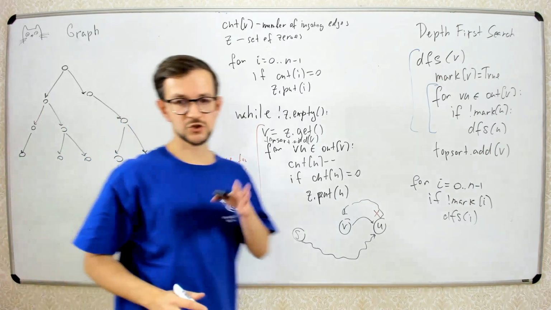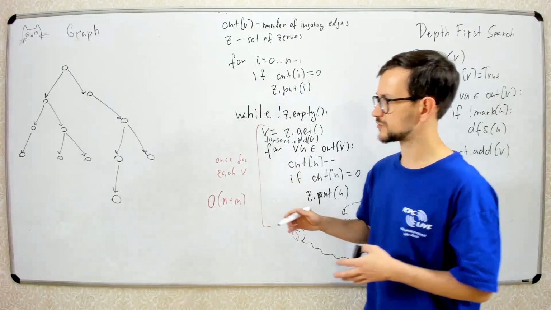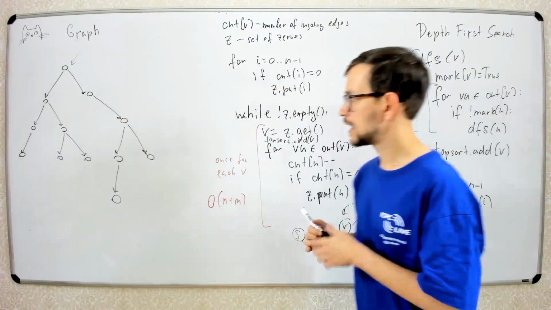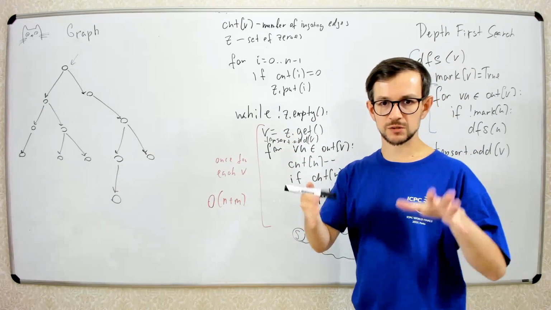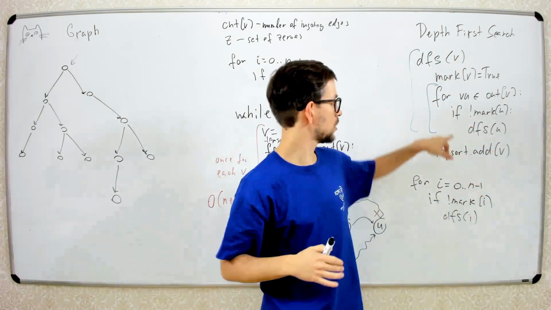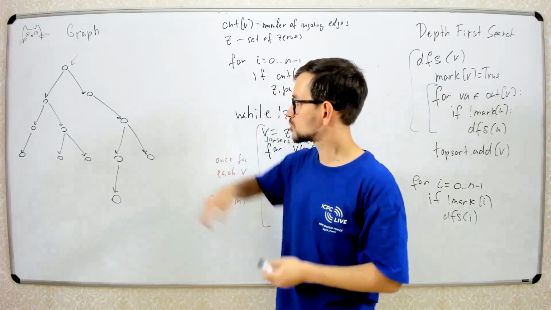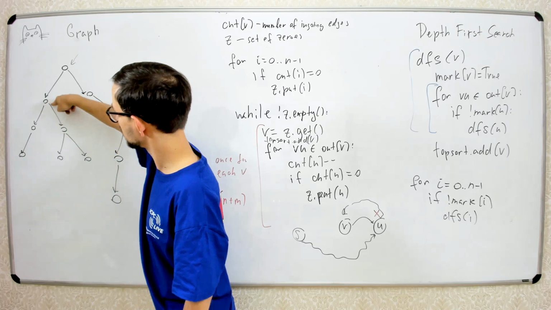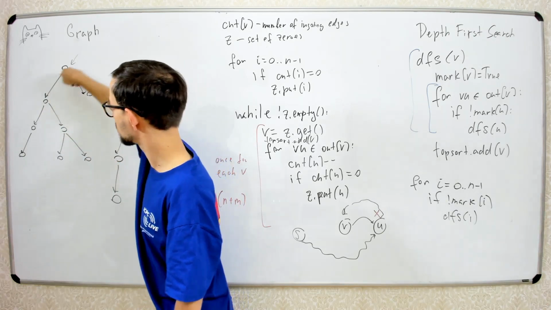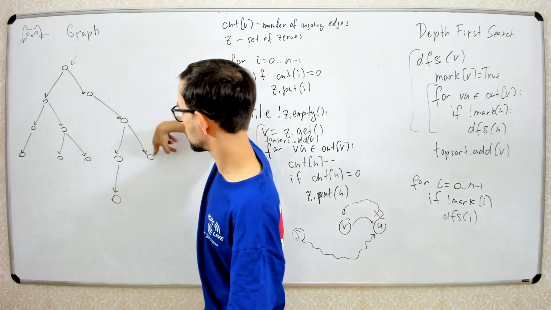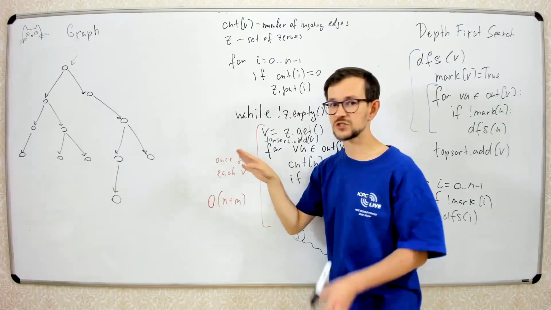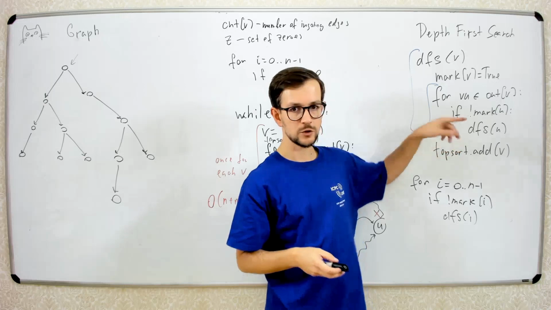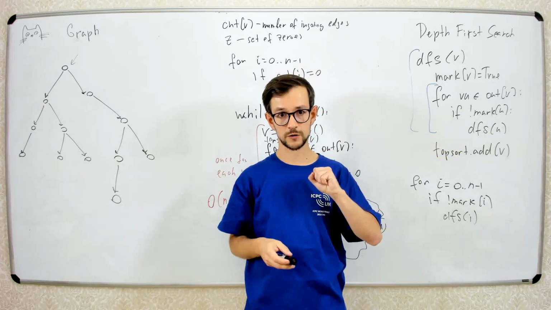So let's say this is the tree of the recursion when you call DFS from this node. These are all the edges which are used when we run this DFS. So you start from here, then you recursively go here, and so on. Then you go back, then you go here, back, go here, back, and so on. So this is the tree which is formed from the edges you used when you call your DFS algorithm.